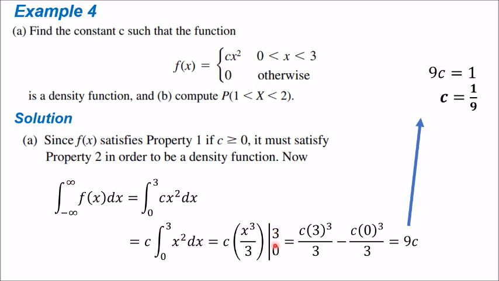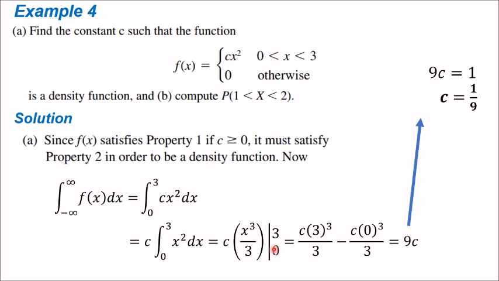What does from 0 to 3 mean? We substitute the values 3 and 0 for x and subtract. The simplified form is cx cubed over 3. So c times 3 cubed over 3, minus c times 0 cubed over 3. That is what evaluating the integral means.